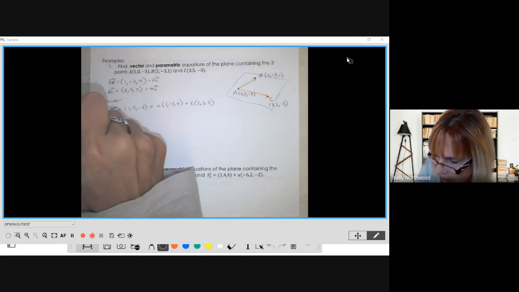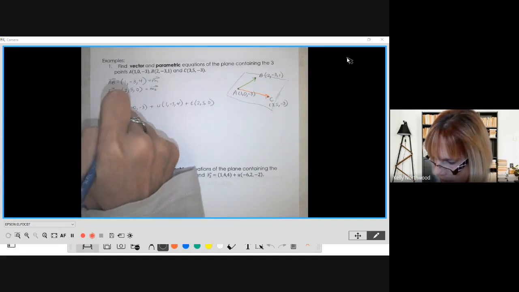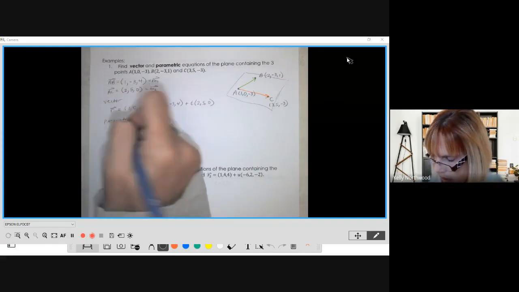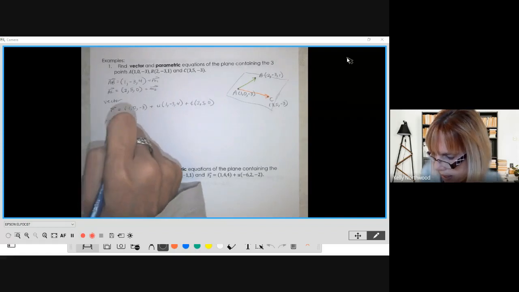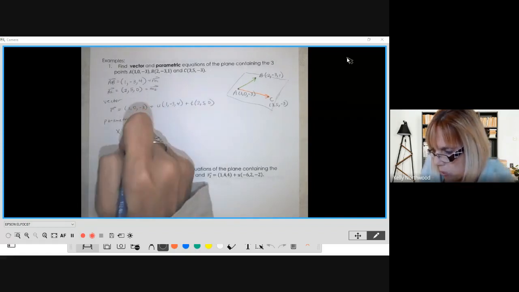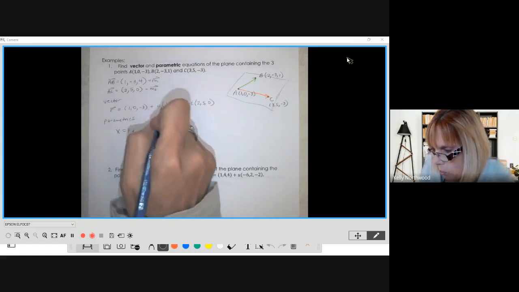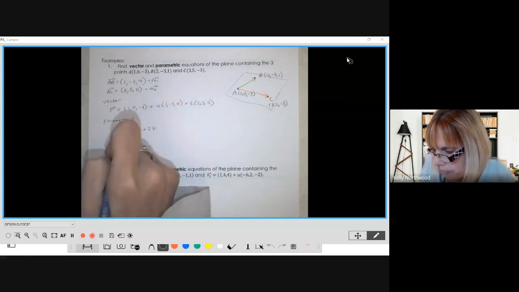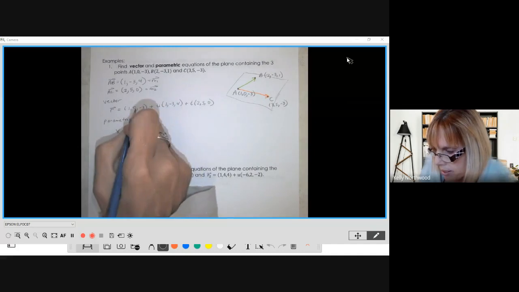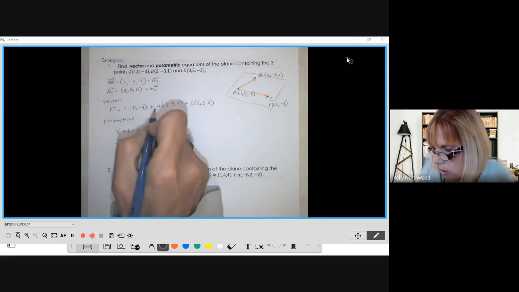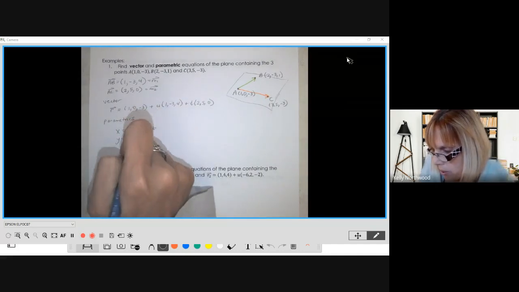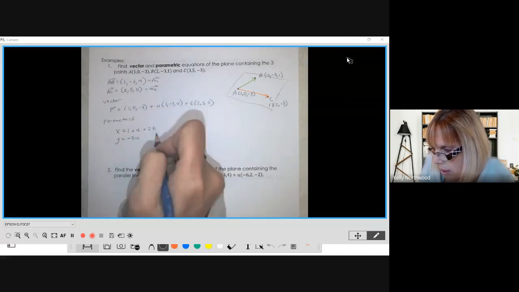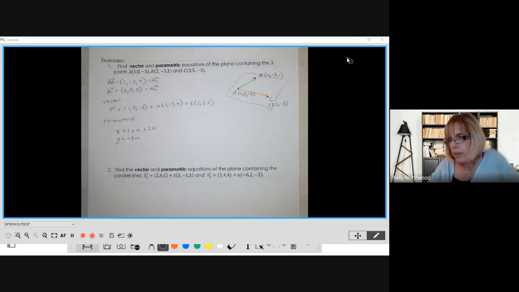And parametrics, just like they did with lines, fall right out of the vector equation. So we can say that the x parametric is x is 1 plus 1u, which is just u, plus 2t. Y is 0, which we don't need to show, minus 3u, plus 0t, so we don't need to show that either.